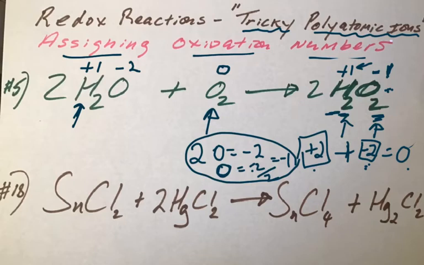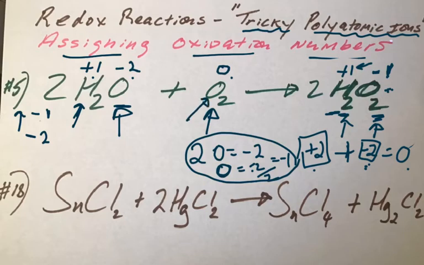So let's look at it again. We have +1 for hydrogen, -2 for that oxygen, 0 for that oxygen. And if you notice, this oxygen is going from -2 up to -1, so this particular oxygen is being oxidized.